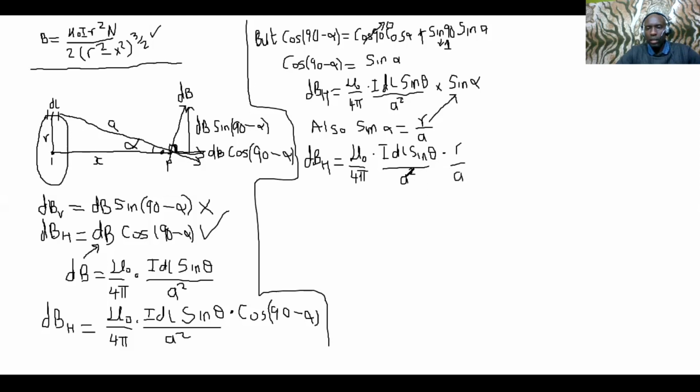We are going to get a square times a, which gives a cubed.